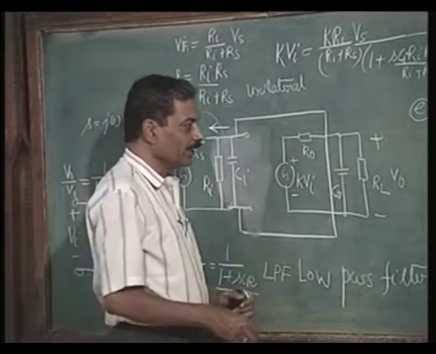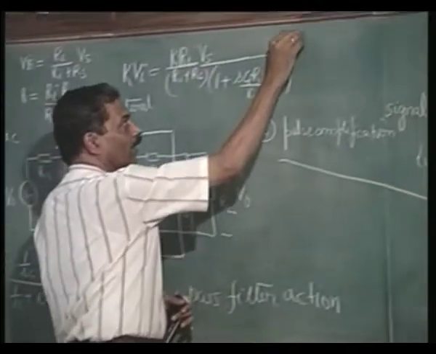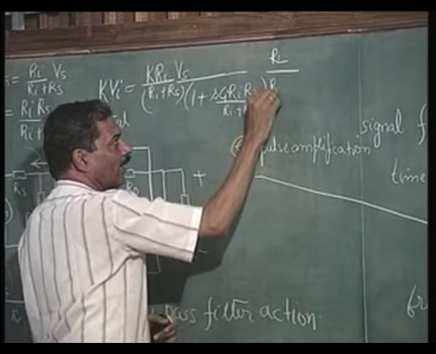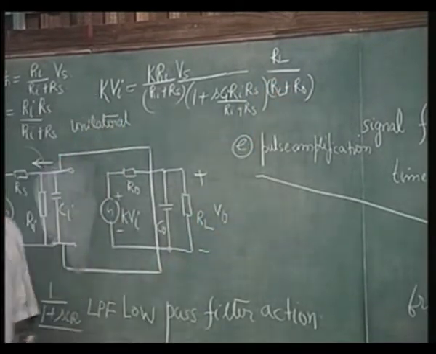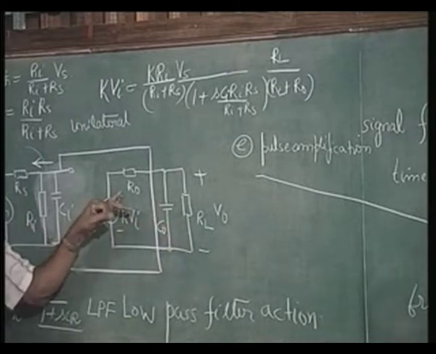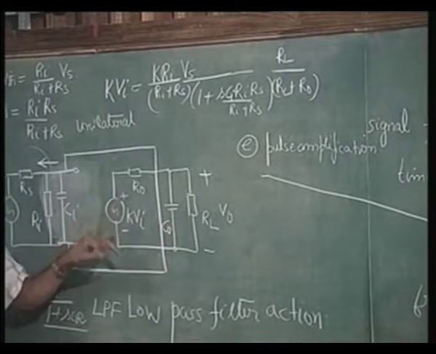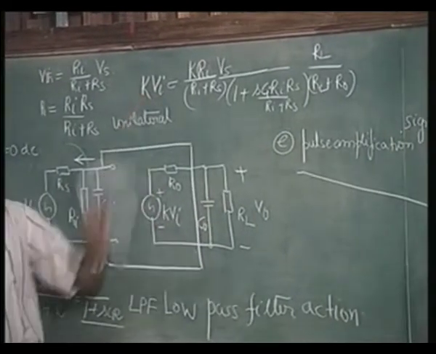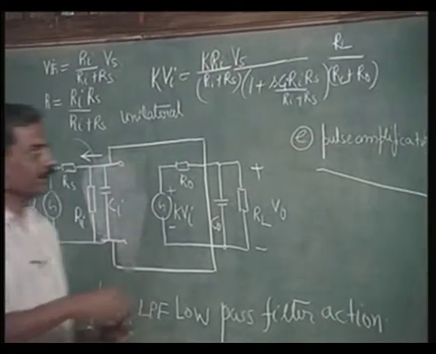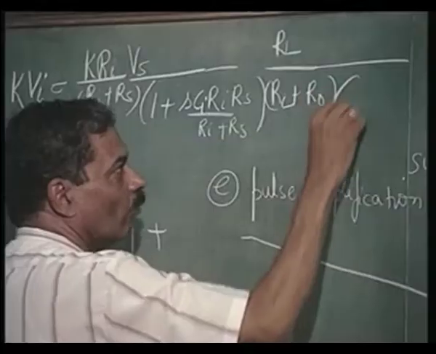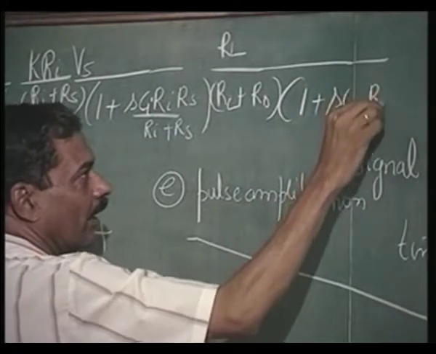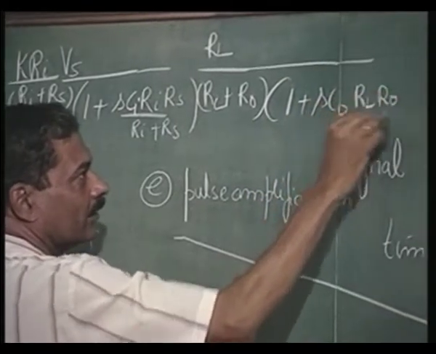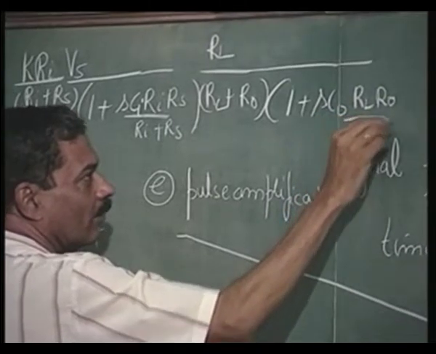It is going to be equal to RL by RL plus R naught, the low frequency thing, RL by RL plus R naught times K Vi, okay. This into 1 plus S C naught RL R naught divided by RL plus R naught.